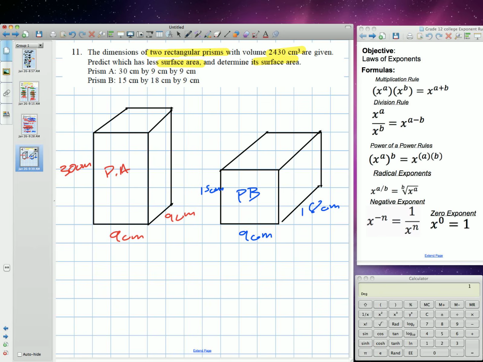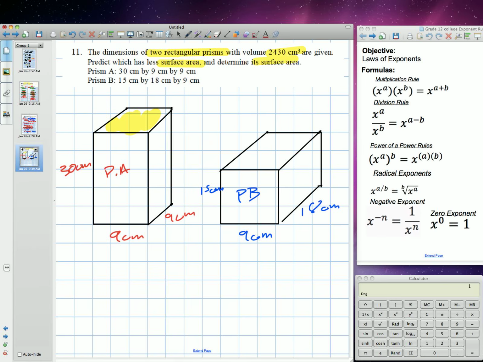All right, so the top face and the bottom face, which we're going to put down here, have the same measurements. They're both 9 by 9. Surface area refers to the area of all the faces of this prism. So I'm going to actually draw a small net of this, or I'm going to take each of the faces and look at them separately. Okay, so this is for prism A.